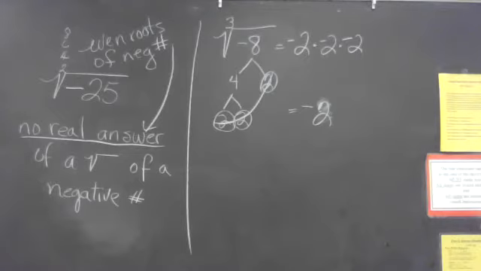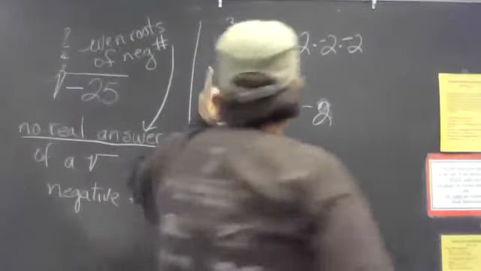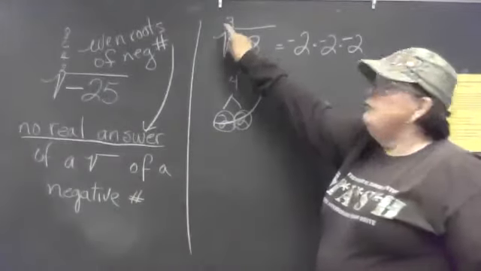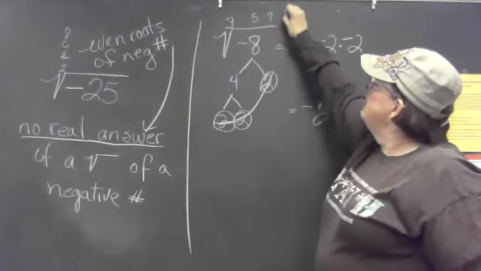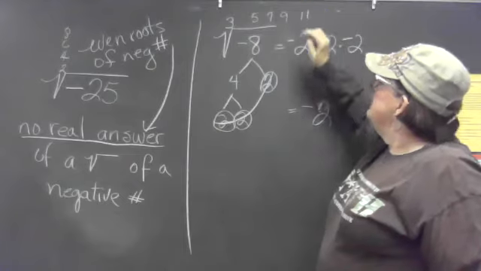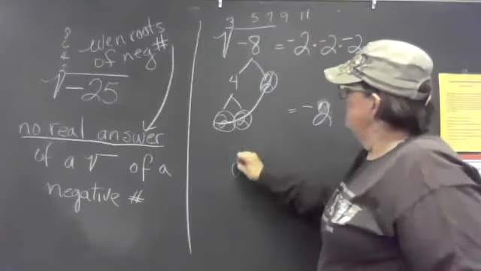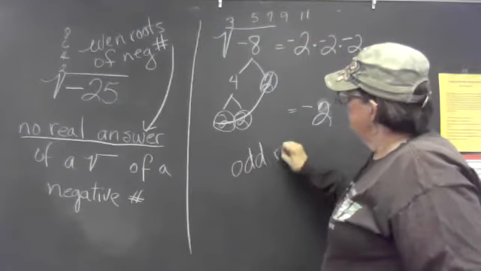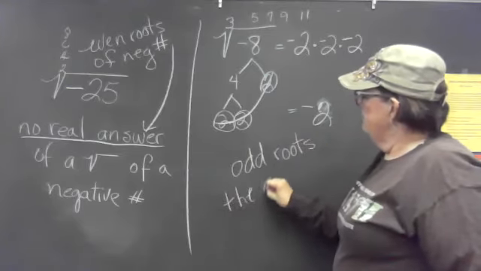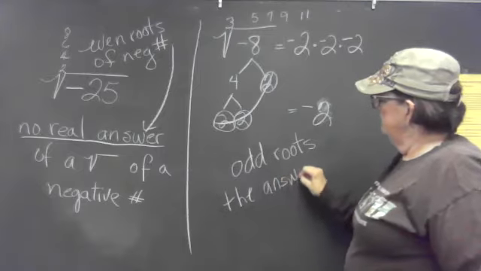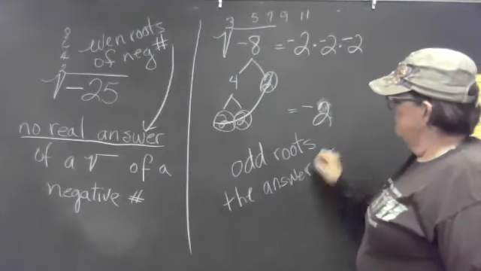So if it's the 4th root of a negative number, don't even try a factor tree because you can't get a real answer. Okay? The same is true over here for a 3rd root, a 5th root, a 7th root, a 9th root, an 11th root. If you have odd roots, the answer is negative.